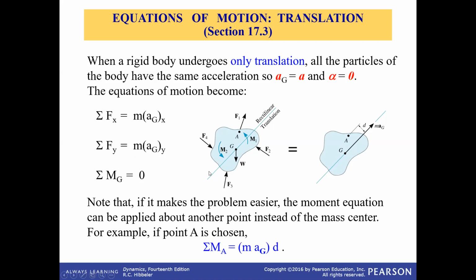Now, if you have an axis that is not through the center of mass, for example point A here, so the object is not rotating about point G, the center of mass, but rotating about this point A other than G, then the summation of moments about this new axis A should be equal to whatever you have from here plus m a_G times d.